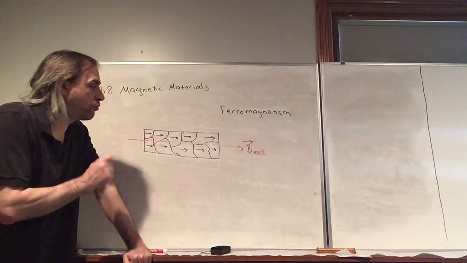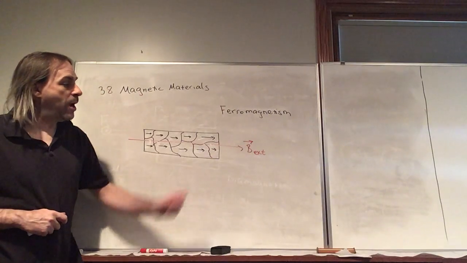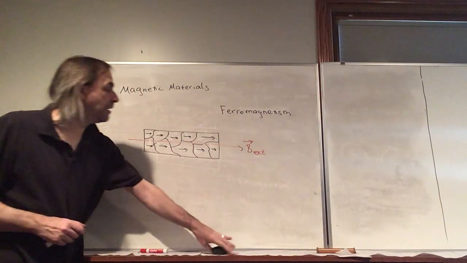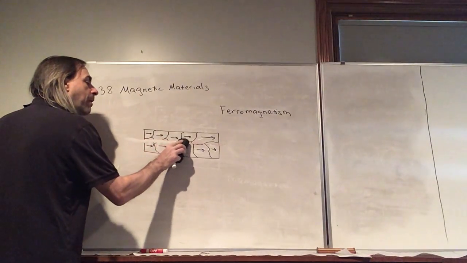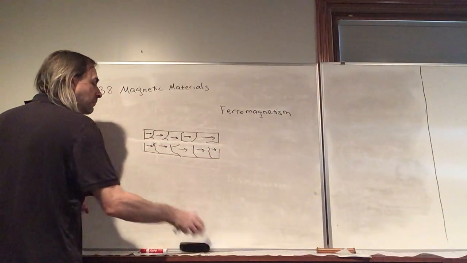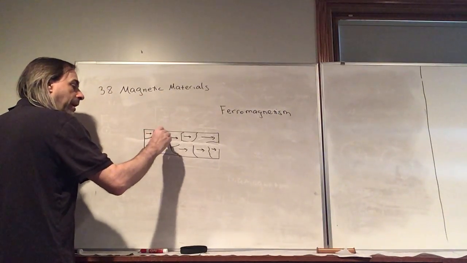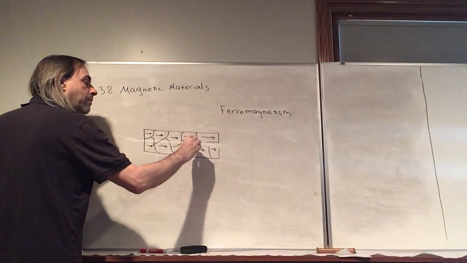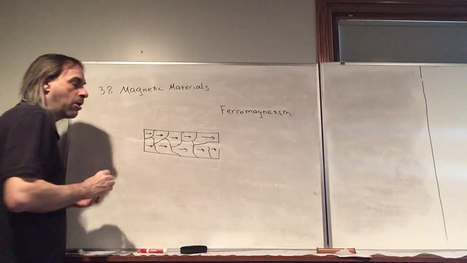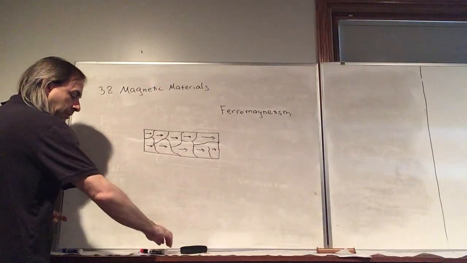But there's one more crucial difference between this and paramagnetism. See, if we remove this external field, let's say we get rid of this external field, the domains stay how they are. And so now this bar of metal, like iron, is going to act like a magnet.